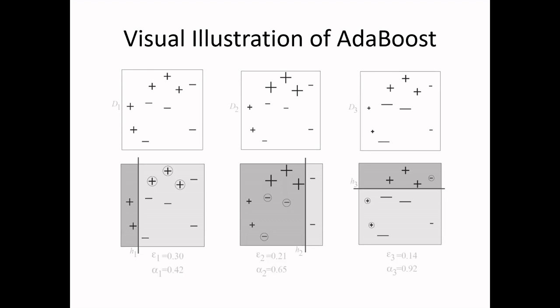The examples that were correctly classified, positive or negative, their size has gone down. That means we have modified the weights. We have increased the weights for the misclassified plus examples. And for the rest of the examples, either we have kept the weight the same or we have decreased them, all right?